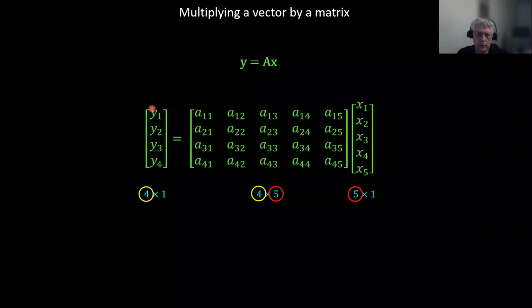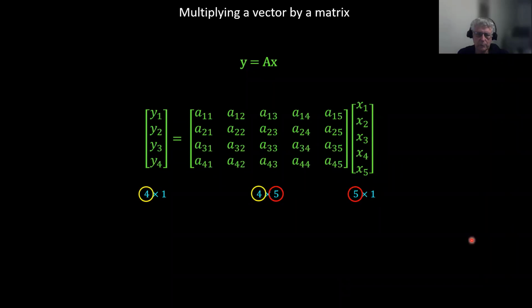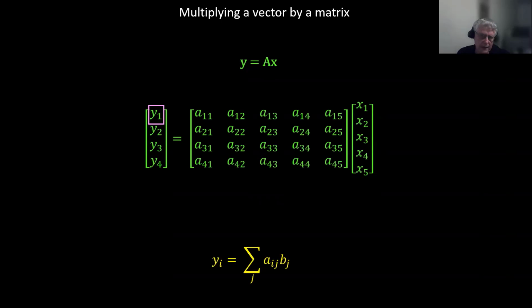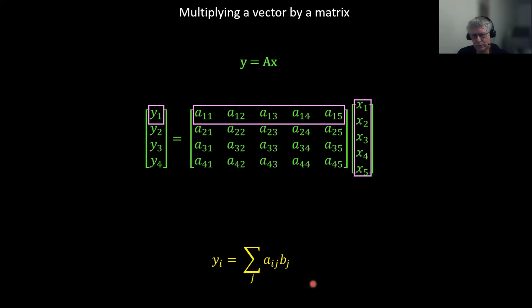The number of rows in the final vector is equal to the number of rows in the matrix. So doing matrix by vector multiplication is easy. Focusing on the first element of this vector y, we go along the row, down the column. So a11 times x1 plus a12 times x2, etc. This yellow equation describes what we do.